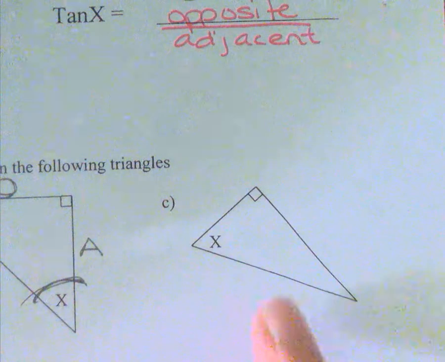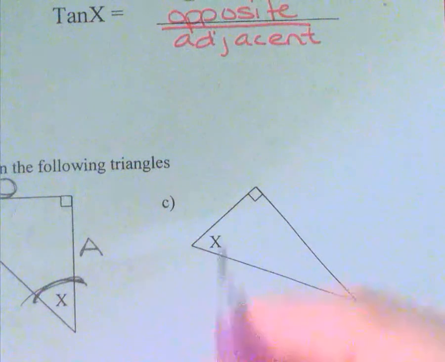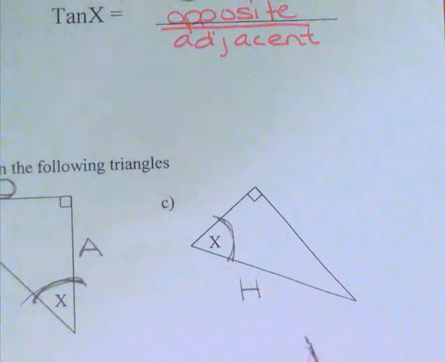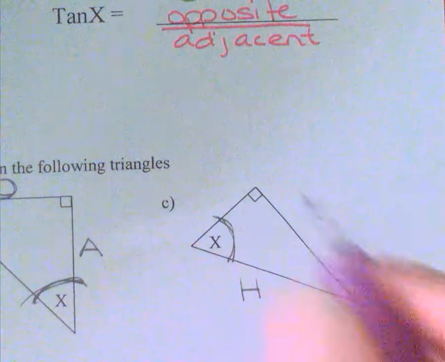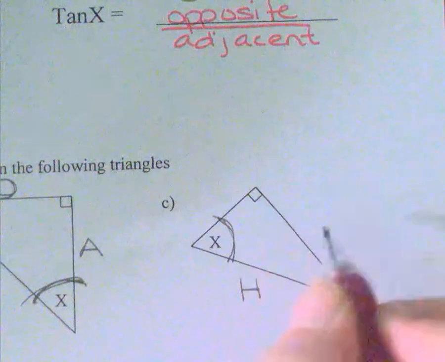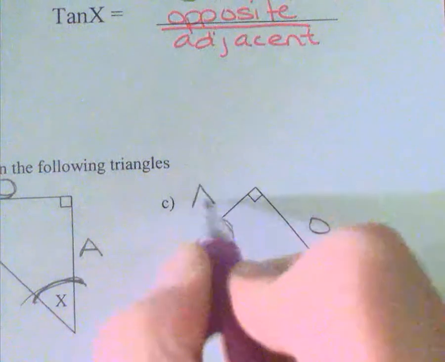Lastly, this triangle, C. There's the angle they gave me. This is the hypotenuse. It's the longest side. This is the side that's not touching it, so this is the side that's opposite. And this is adjacent.